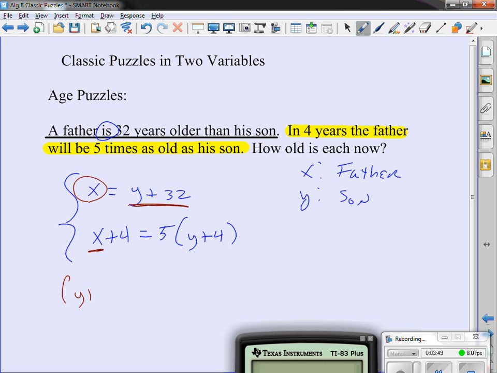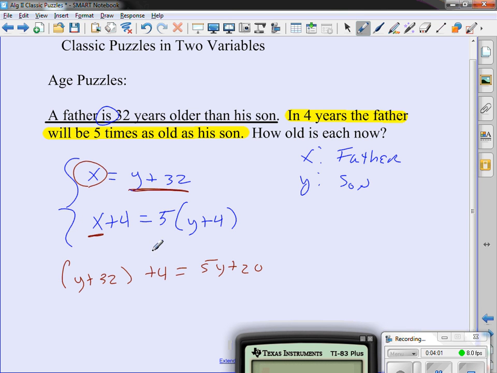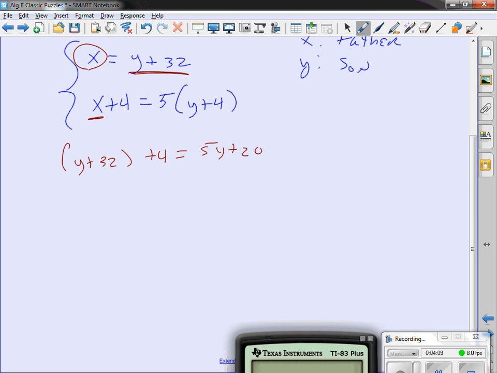Y plus 32 plus 4 equals, now I'm going to distribute over here to save me a step, 5y plus 20. Only thing I did was I distributed right here to save me an extra step. And I substitute x with y plus 32. I'm going to combine my like terms over here. Y plus 36 equals 5y plus 20.